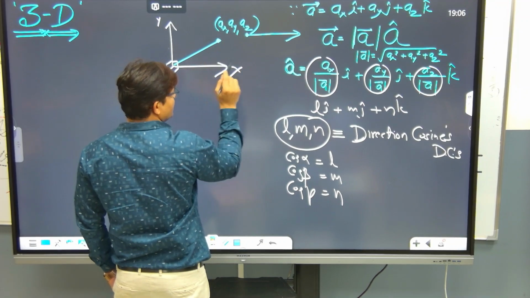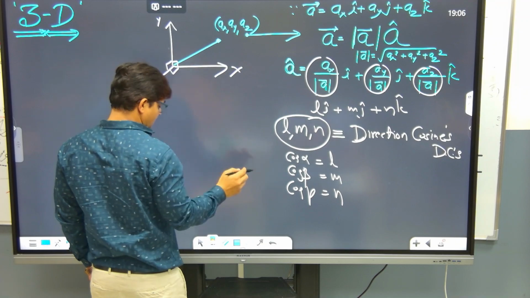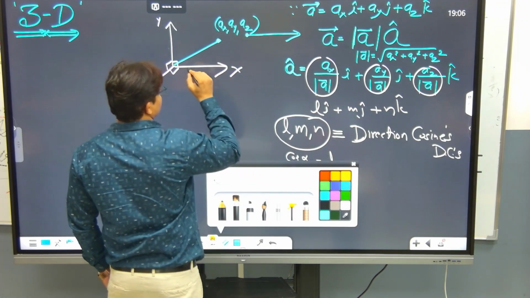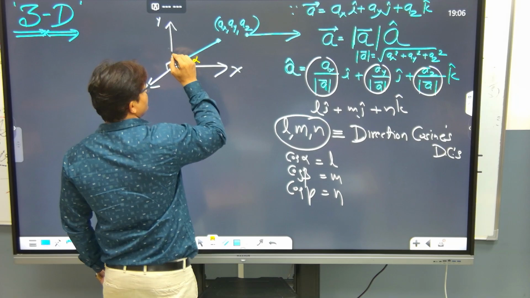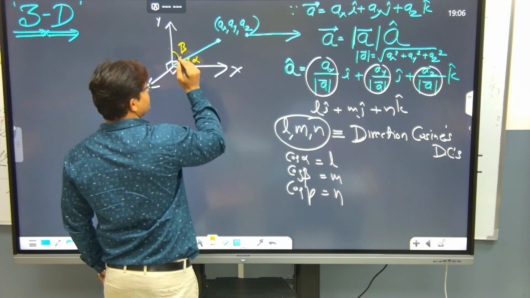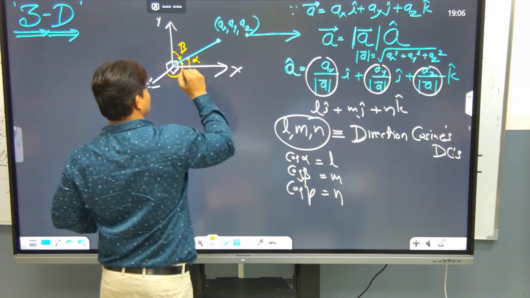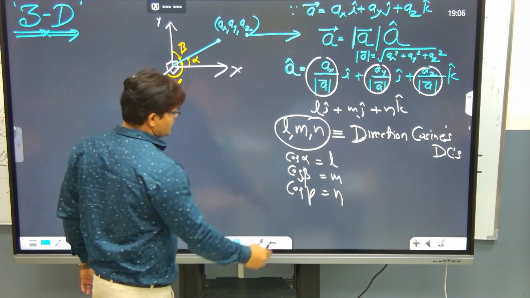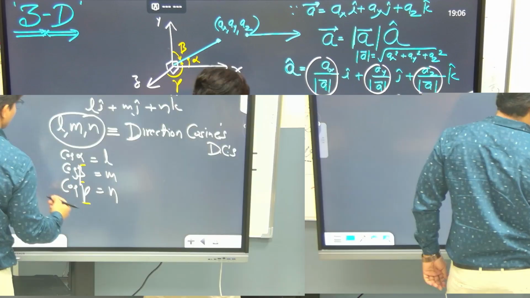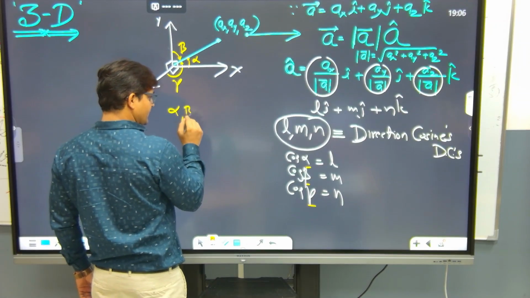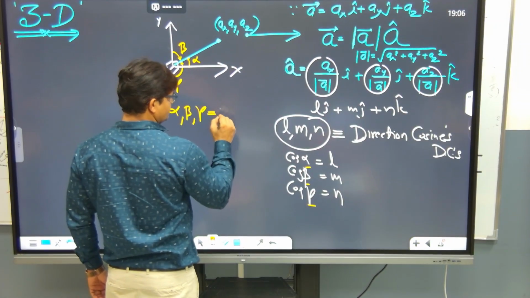Here the x-axis makes some angle alpha with this vector, the y-axis makes angle beta with this vector, and the z-axis makes angle gamma with this vector. So these alpha, beta, gamma are known as our direction angles.